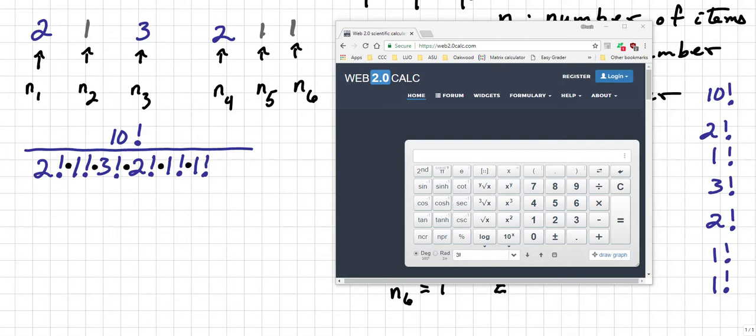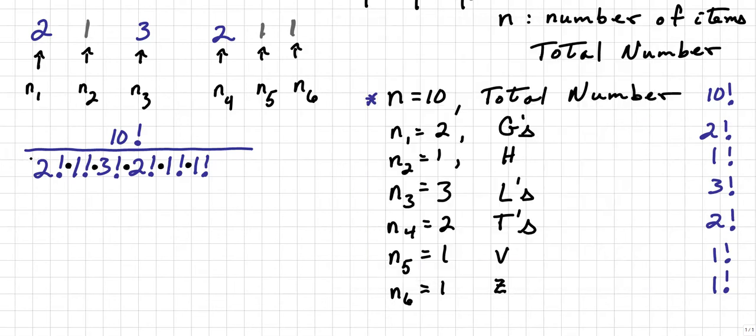Now, one of the things that you need to remember for this particular problem is that we're going to have 10 factorial divided by the quantity 2 factorial times 1 factorial times 3 factorial times 2 factorial times 1 factorial times 1 factorial. So what I would recommend is putting these in parentheses in your calculator when you do the calculations.